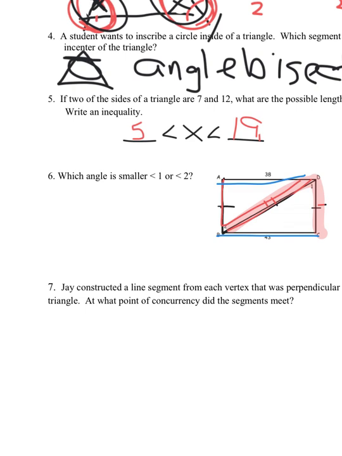So if the sides are the same, but they're across from different lengths, that means the bigger angle is the one across from the bigger side. So if I want smaller, which one's across from the smaller side? Angle 2, because it's across from 38.